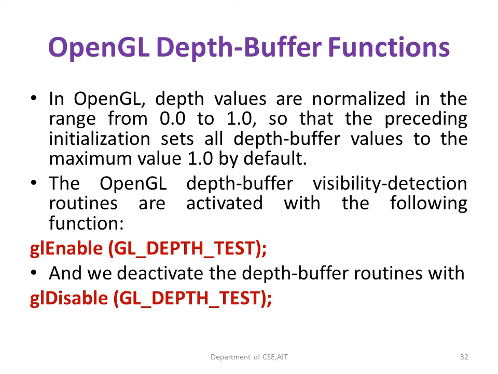The OpenGL depth buffer visibility routines will be activated and deactivated by making use of the enable and disable API, by making use of the constant GL_DEPTH_TEST. So GL_DEPTH_TEST is associated with the depth buffer functions. If I am using a depth buffer function, I have to enable this GL_DEPTH_TEST.